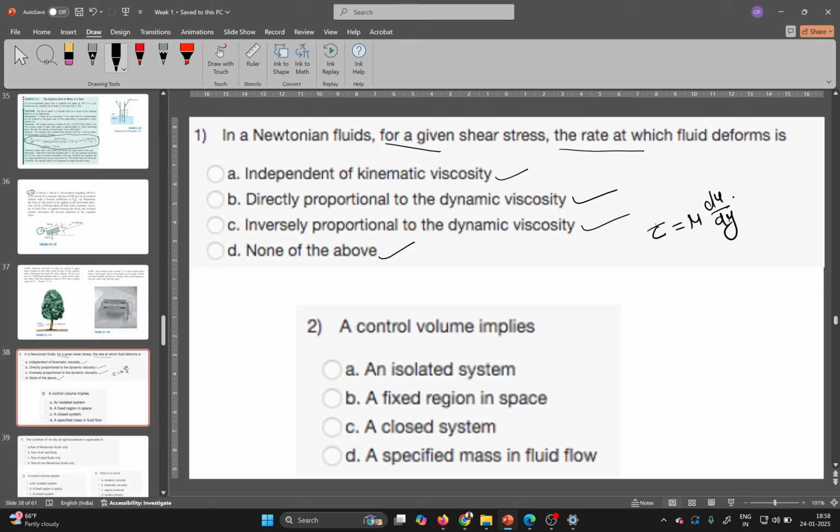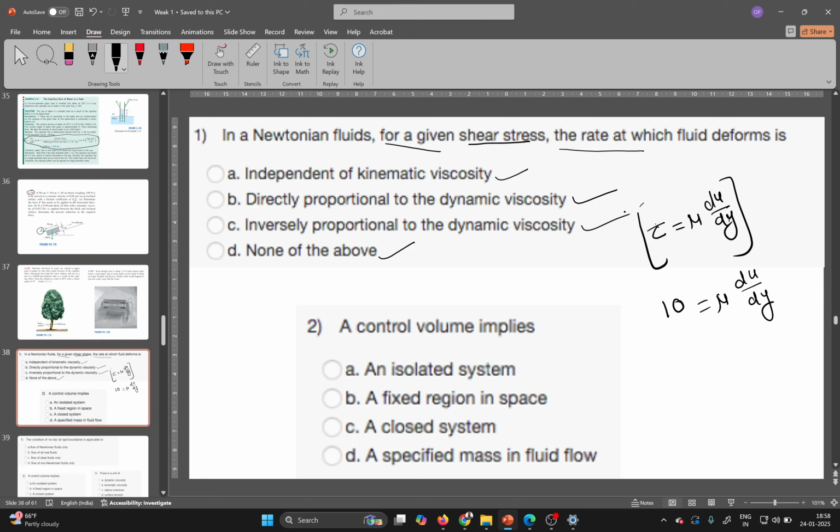The question says in a Newtonian fluid for a given shear stress. Given shear stress means, let's suppose the shear stress value is given, tau equals mu du by dy.